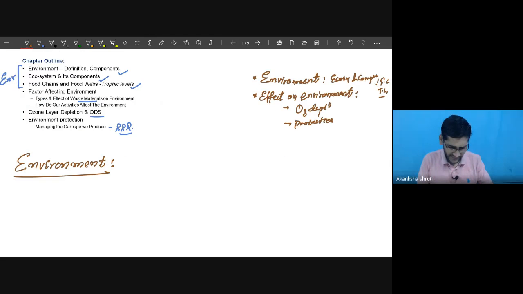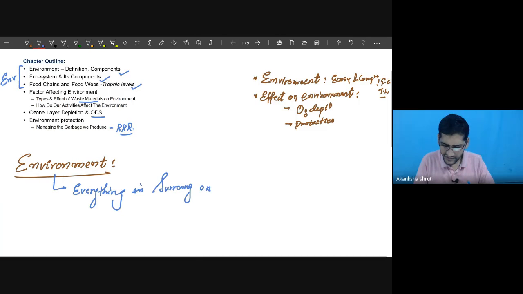This environment includes everything around us. It is everything in our surroundings and far away.